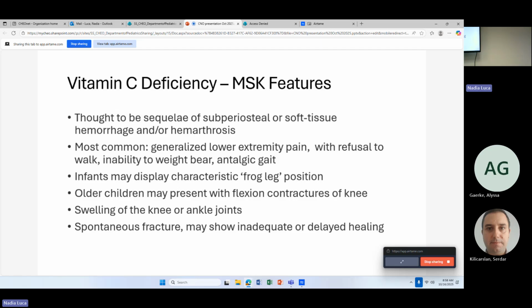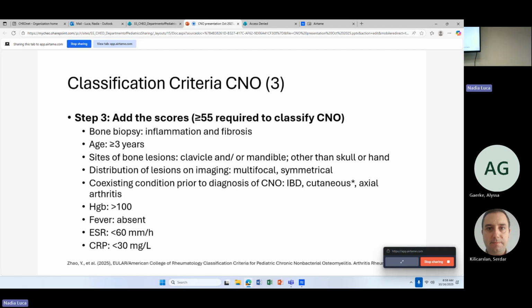And apparently in infants, there's a characteristic frog leg position. Older children may present with knee contractures. They may actually get swelling of their joints as well. And they may get spontaneous fractures. So, very similar presentation overall.